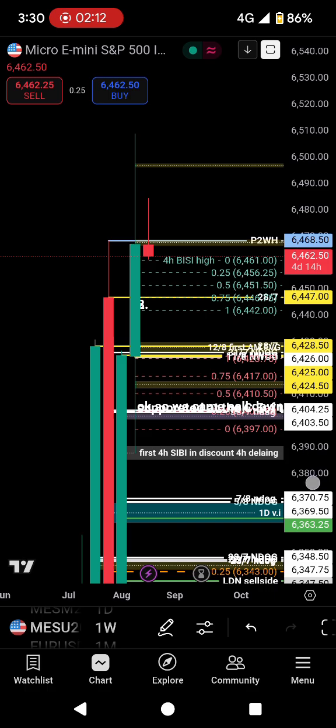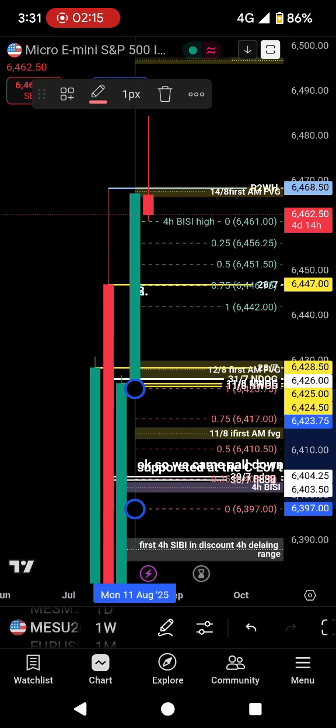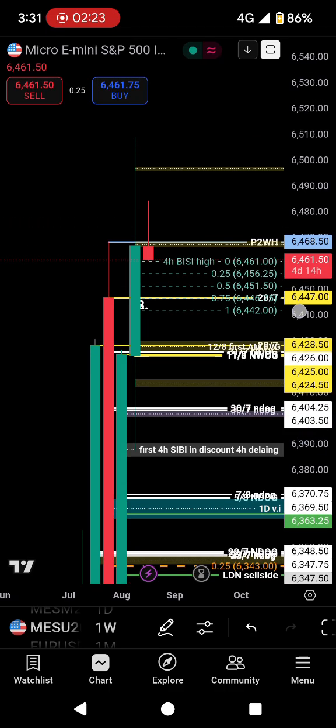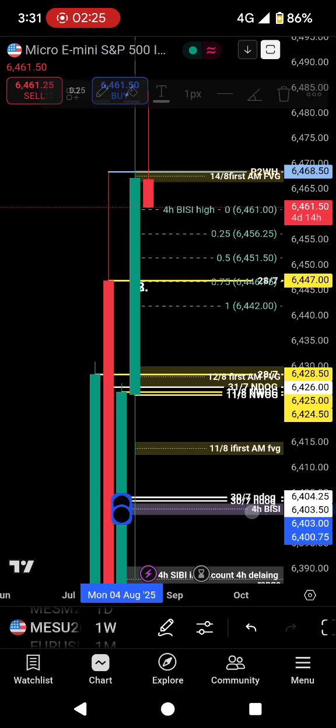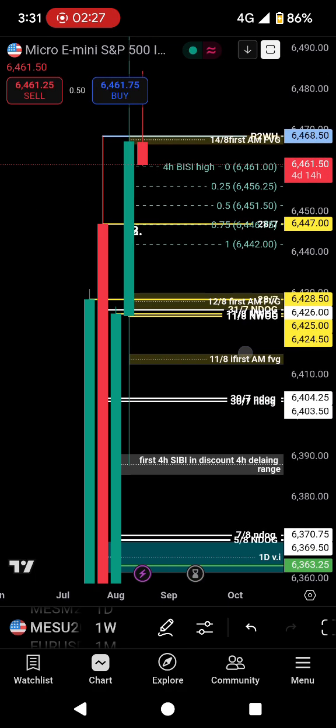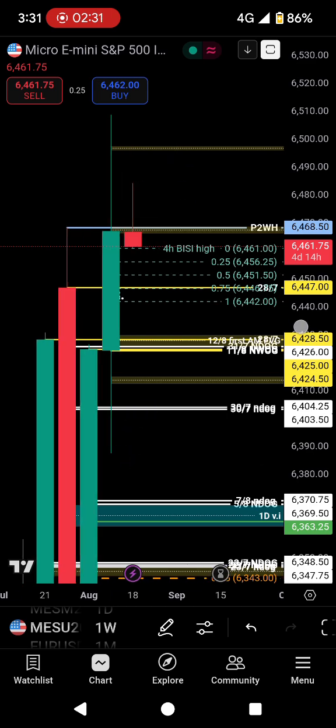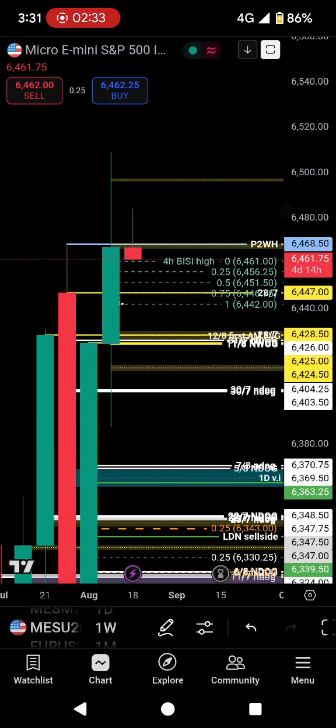So where are we likely to go? Up or down? Let me delete all irrelevant stuff first. So looking at this chart right here, where are we likely to go?